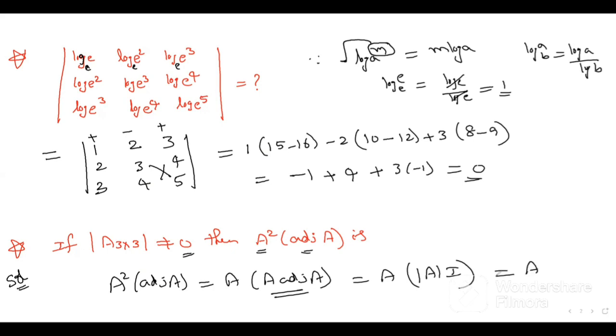A into determinant of A. So A into I value, how much? Since A into I is equal to A. So what is the answer? A into determinant A. A is one of the matrices, and determinant A value is one scalar. So determinant A times that answer.